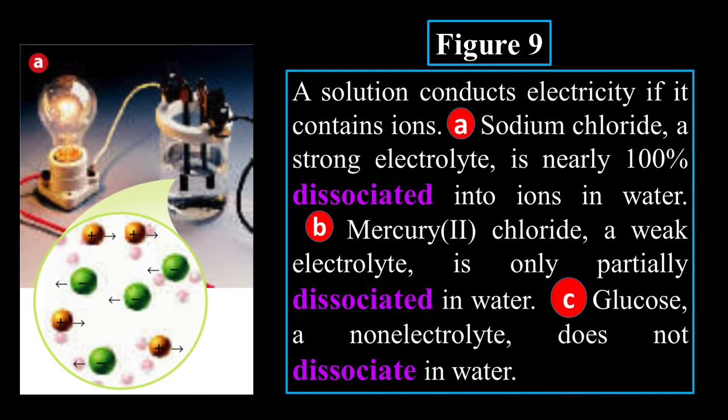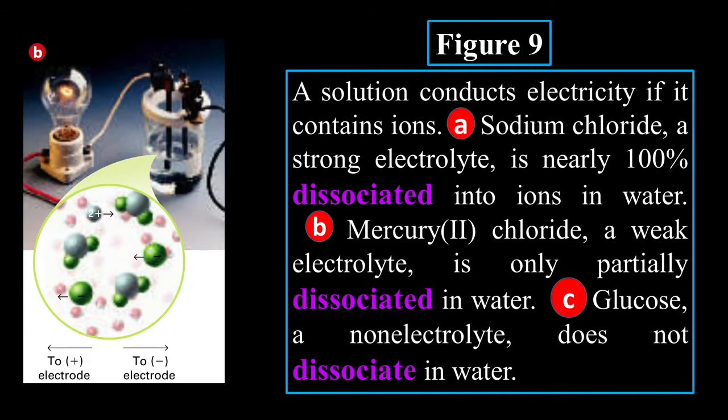A solution conducts electricity if it contains ions. Here's A. Sodium chloride, a strong electrolyte, is nearly 100% dissociated into ions in water. Remember, water does not conduct electricity. This is B. Mercury II chloride, a weak electrolyte, is only partially dissociated in water.